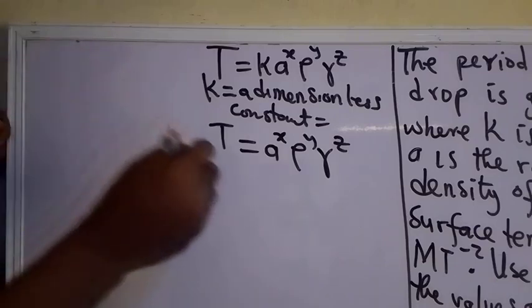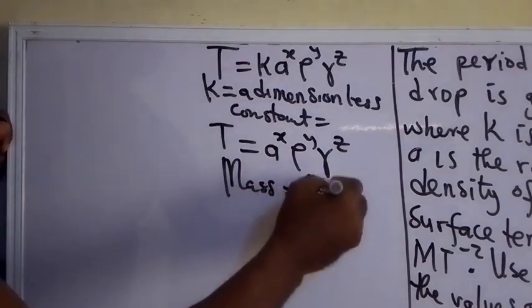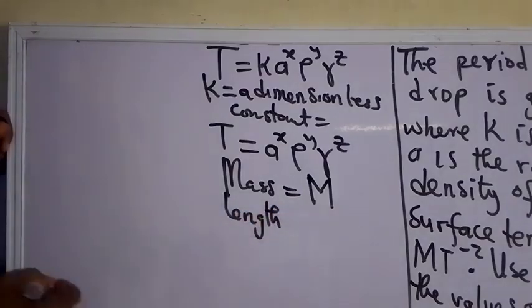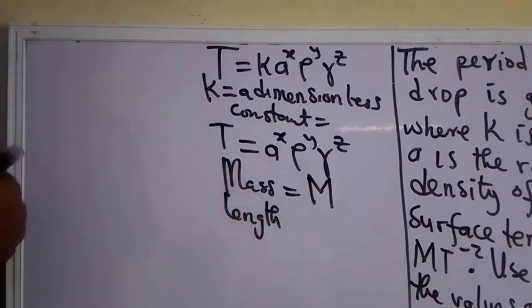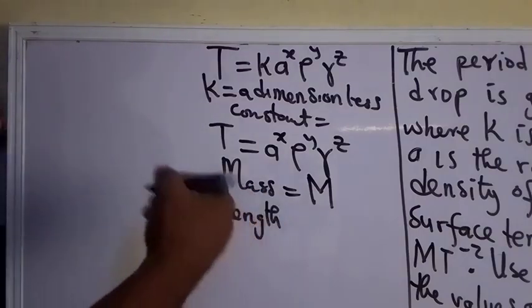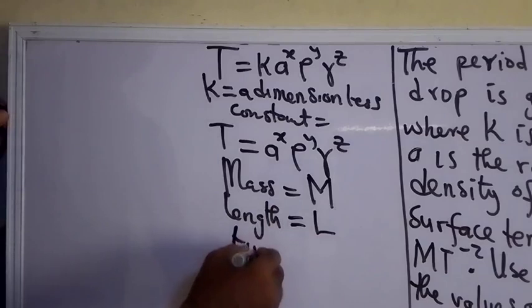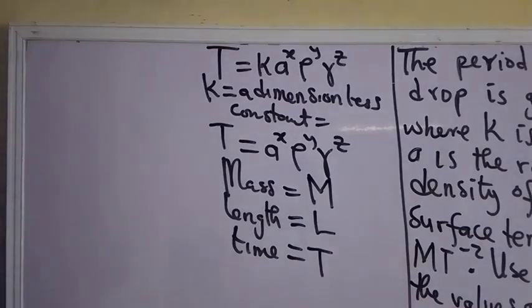The most common three are mass, which in dimensional analysis you use as capital M. Any linear distance, or in fact any distance, length, width, height, displacement, even perimeter, circumference, you use capital L. Then time, use capital T. This is the main thing we're going to do now.